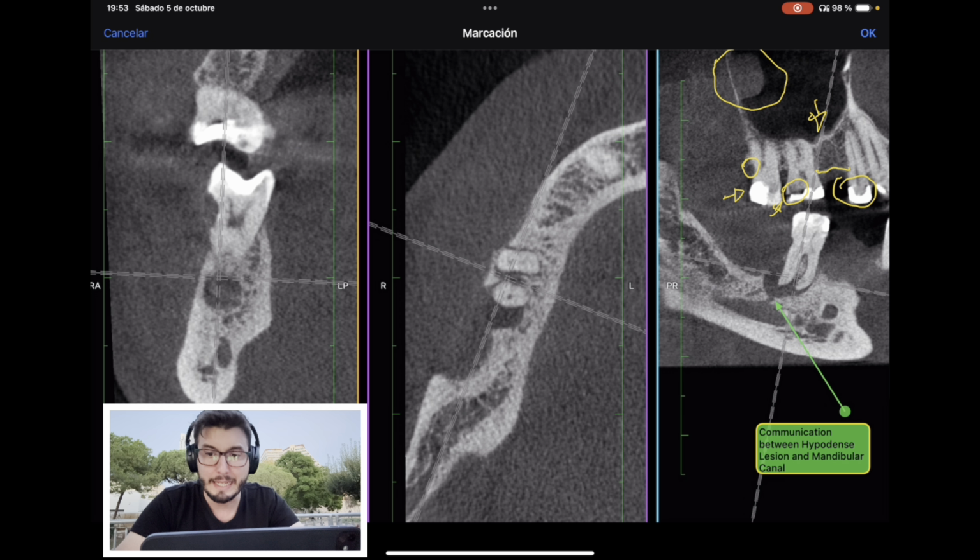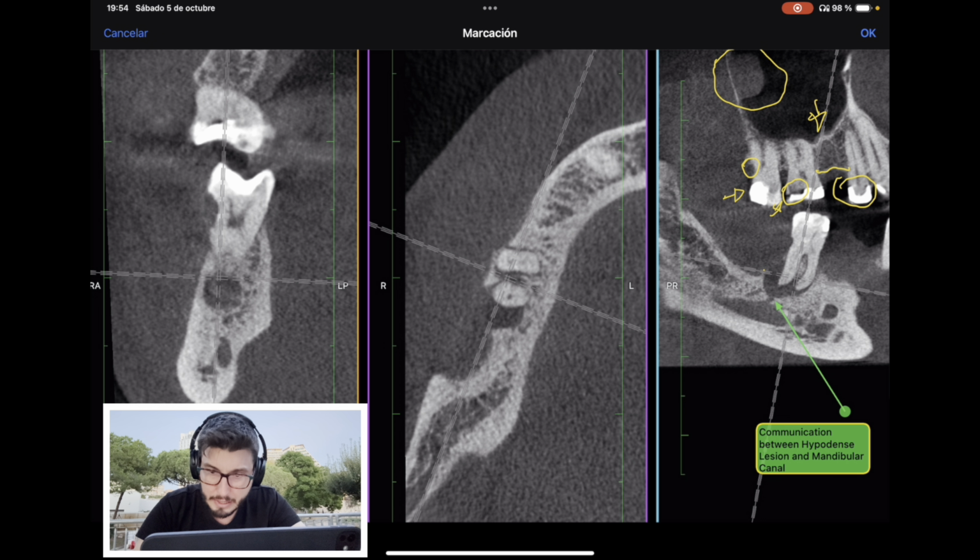That's something very important, because if you do the extraction and the enucleation of this lesion, then you might consider the risk of paresthesia. You need to consider this as a possible risk. The patient should be informed before the extraction, before any surgical procedure. But of course, that's still a lesion, and you need to remove the lesion.